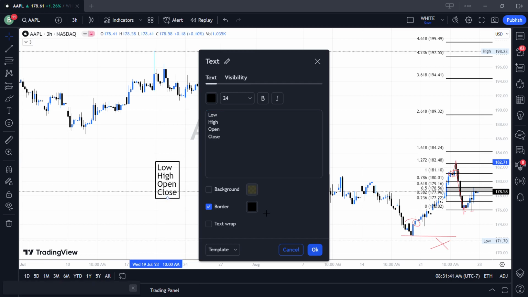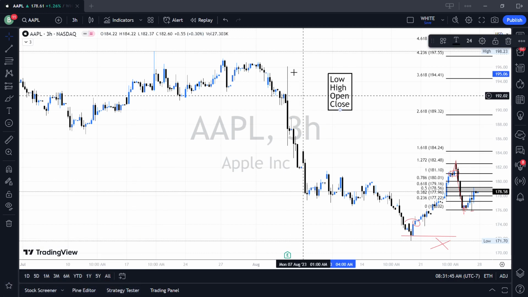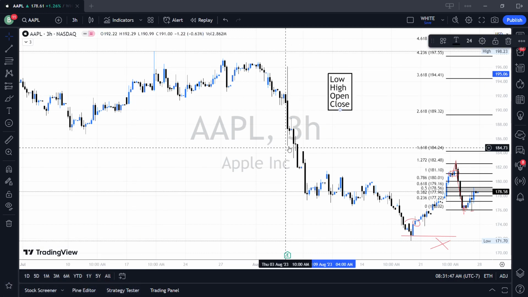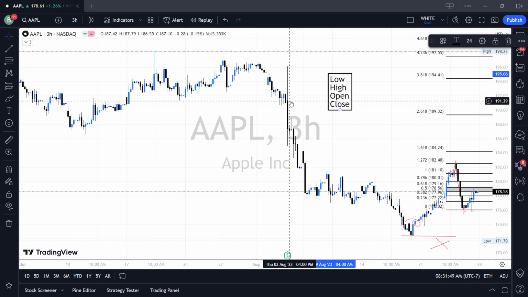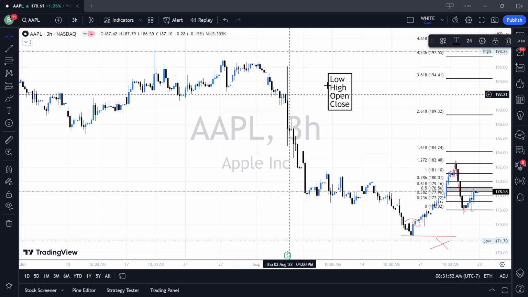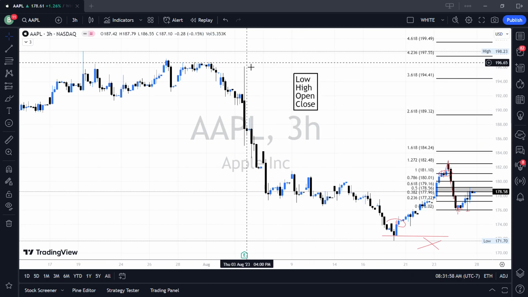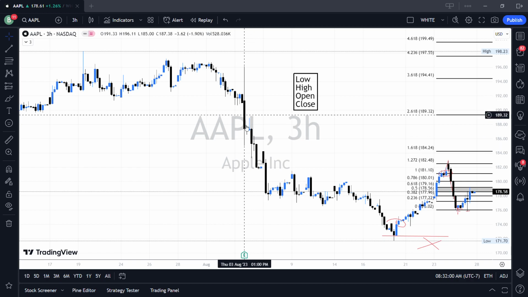Essentially each candle has a high, a low, an opening price, and a closing price. That is how you identify the candle bodies, wicks, etc. All it is identifying is your high, your low, your open, your close.